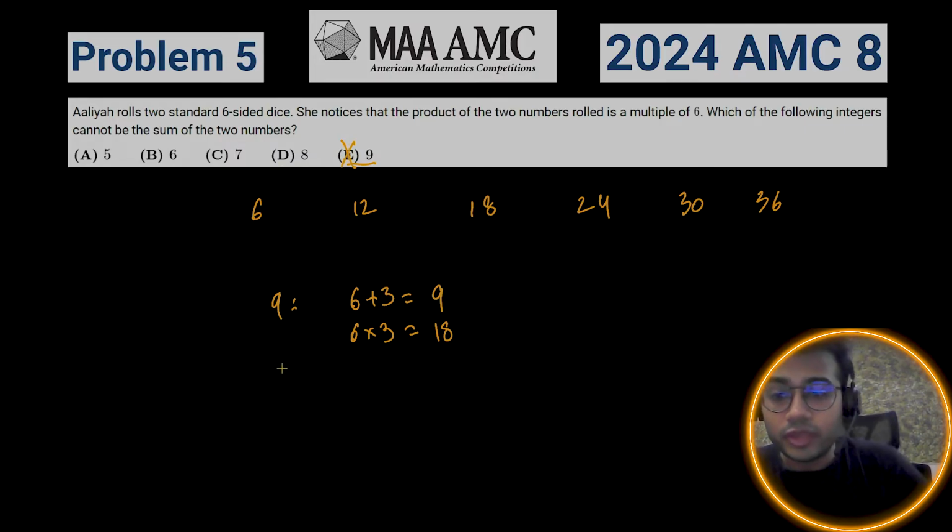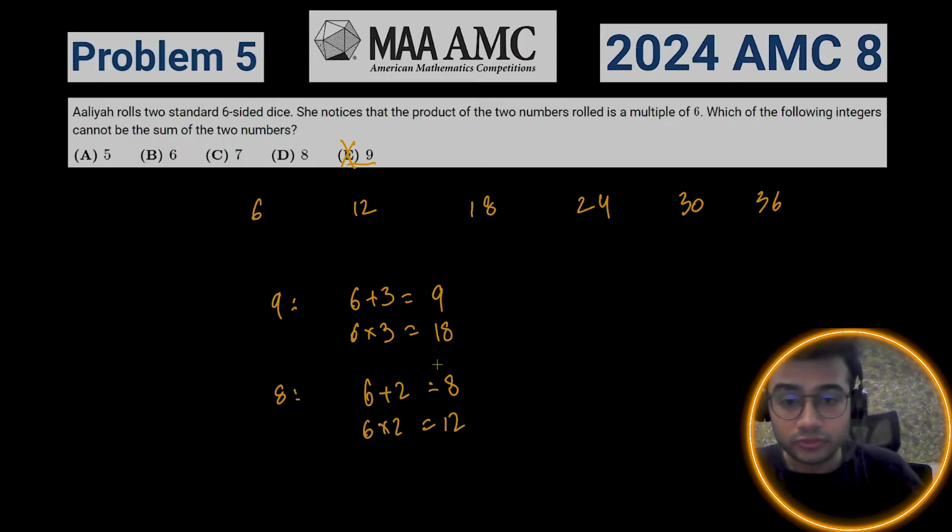In the same way, I can eliminate 8 because 6 and 2, right? 6 plus 2 is 8, and 6 times 2 is 12. So again, 8 can be eliminated. What about 7? Well, I can think of 4 plus 3, that makes 7, but 4 times 3 gives us 12. So again, we can eliminate 7 as well.